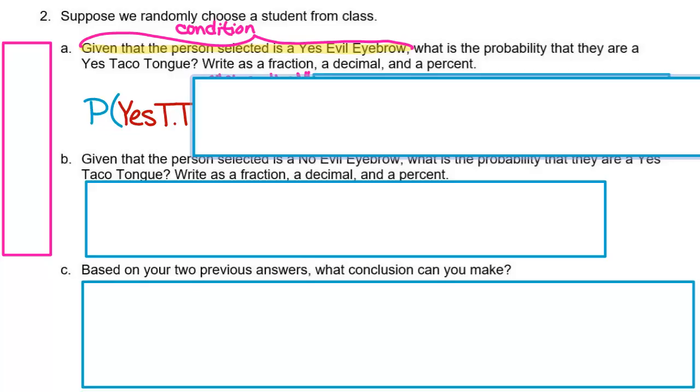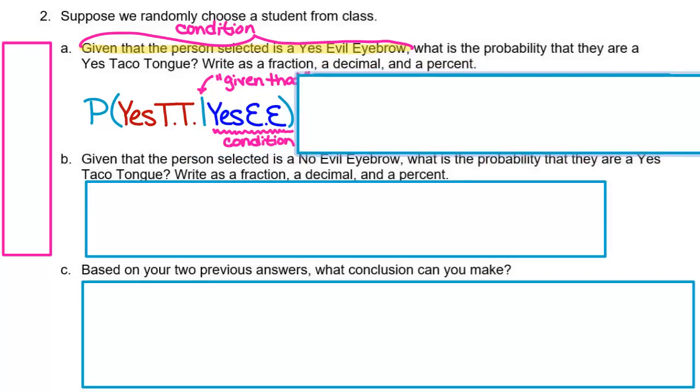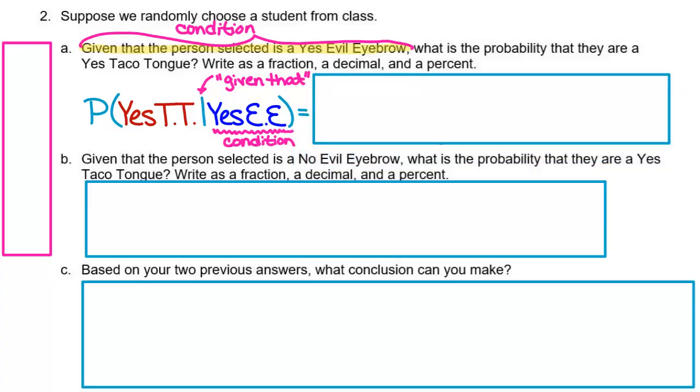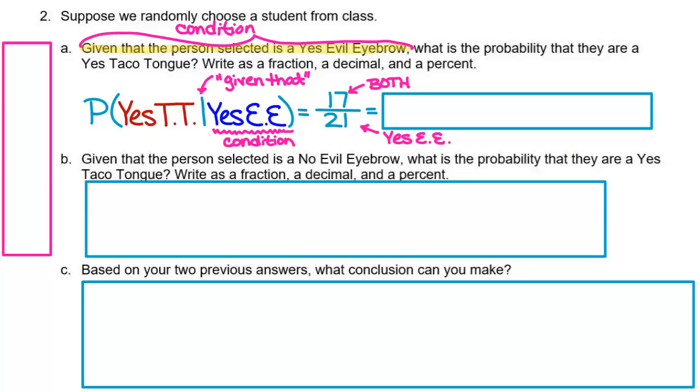So probability, capital P, parentheses, yes taco tongue. And then I put my condition. We have this vertical line that we read as given that. And then after that line, we put whatever our condition is. And as we mentioned, that is 17 out of 21.